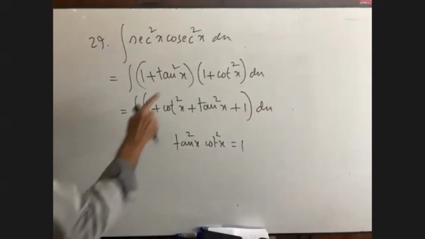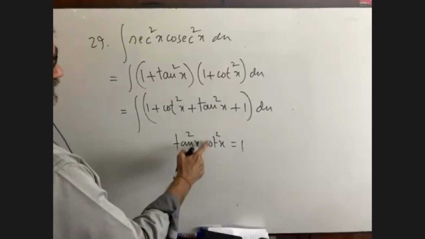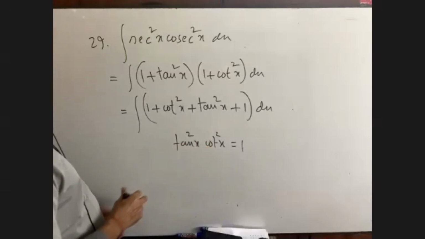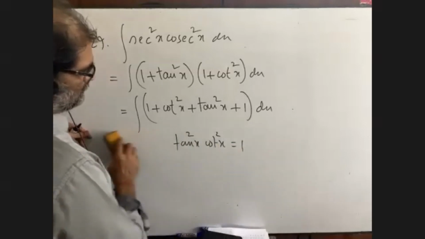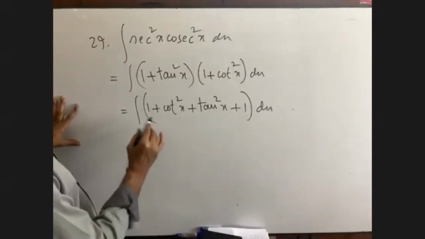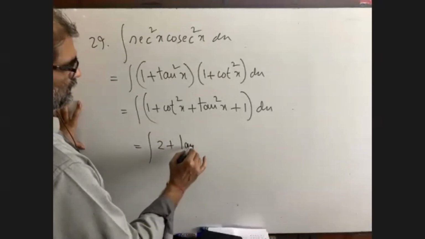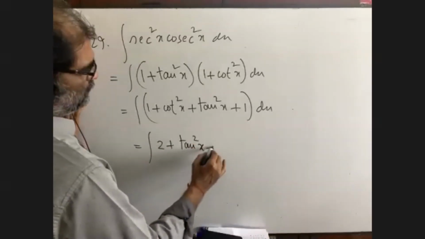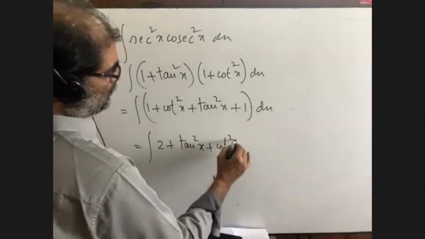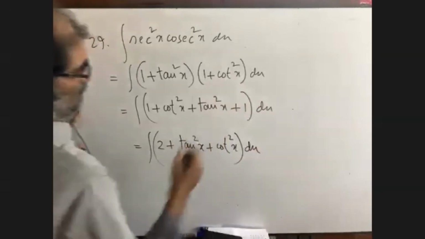Okay. So this and this will make 1. Because cot x is 1 by tan x, tan will be omitted. So actually what you are getting here is 2 plus tan square x plus cot square x. This is the most important math, dx.